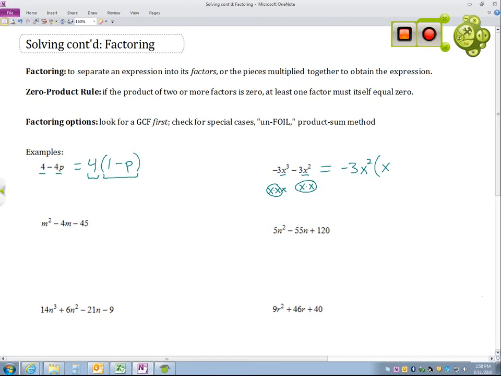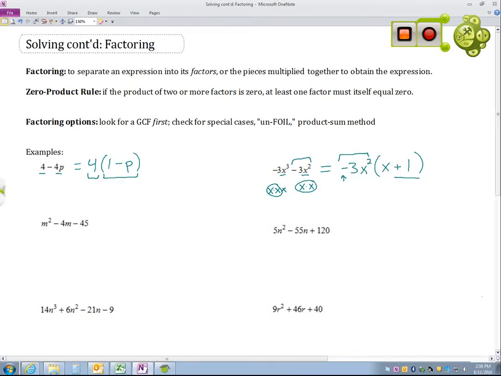Now, negative 3x squared is this entire second term and is also my GCF. That doesn't mean I don't have another term on the inside here. What that means is I'm left with a 1, because I'm still multiplying it by 1 in order to obtain what I started with. Now, something to be very careful of, since we pulled a negative out, this is addition.